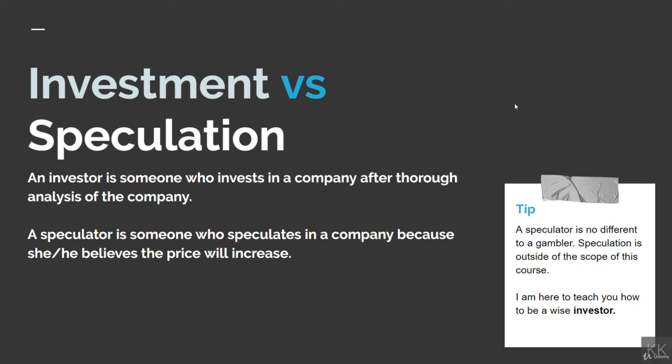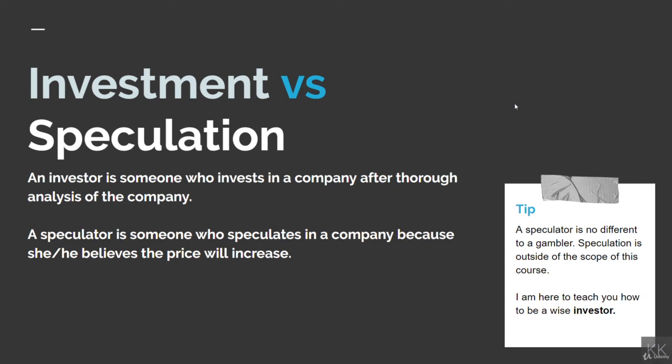Before we go further, it is important that I emphasize the following distinction. An investor is someone who invests in a company after thorough analysis of that company. If you put money into a company in the hope that the share price goes up, you are not an investor, you are a speculator.